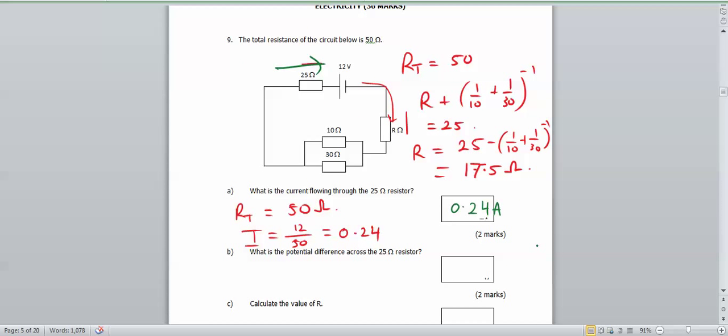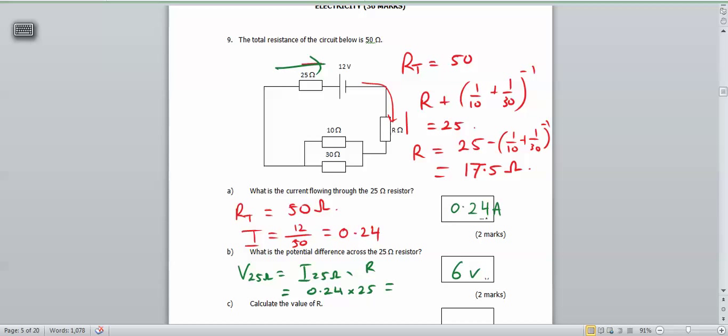What is the potential difference across the 25 ohm resistor? Well, we know the current and the resistance, so that's pretty easy. The voltage of the 25 ohm resistor is current times resistance, which is equal to 0.24 times 25, which is equal to 6 volts.